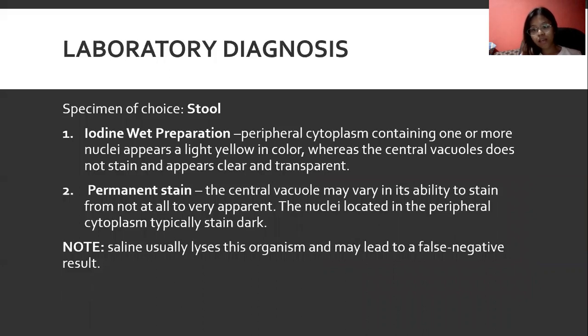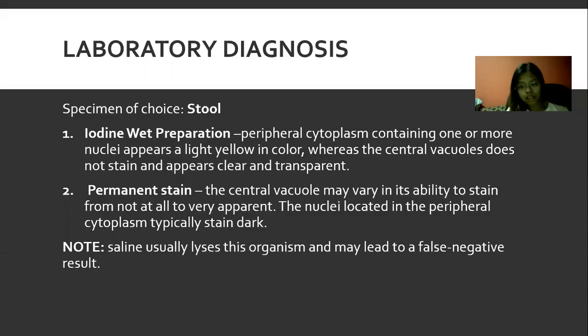The specimen of choice is stool. We have two ways: by using iodine wet preparation and by using permanent stain. With iodine, the peripheral cytoplasm containing one or more nuclei appears light yellow in color, whereas the central vacuole does not stain and appears clear and transparent.